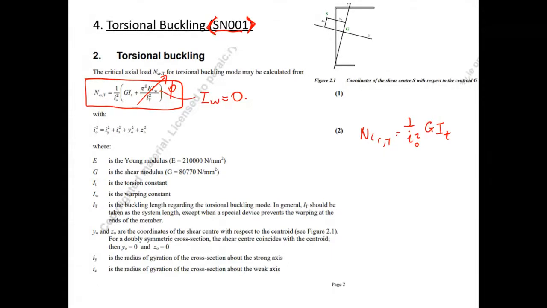Then i_0 squared is equal to i_y squared plus i_z squared plus y_0 squared plus z_0 squared. So those are all the terms that we need in the equation.